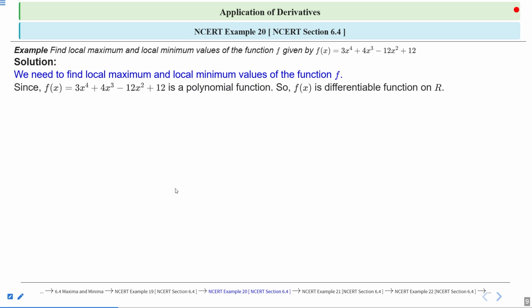Since f(x) = 3x^4 + 4x^3 - 12x^2 + 12 is a polynomial function, f(x) is a differentiable function on R.